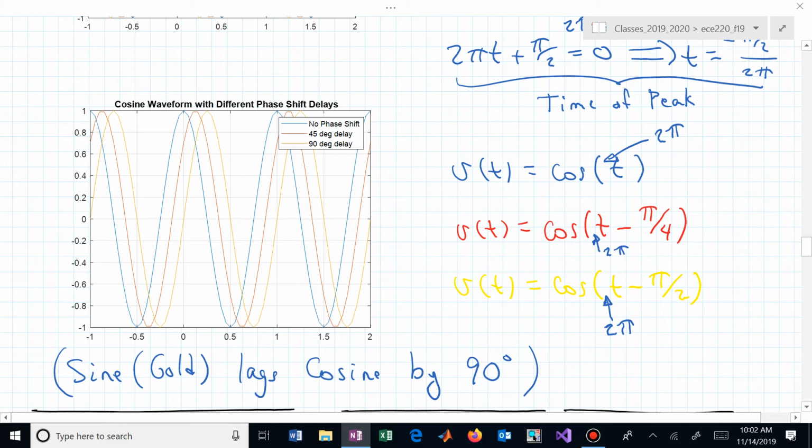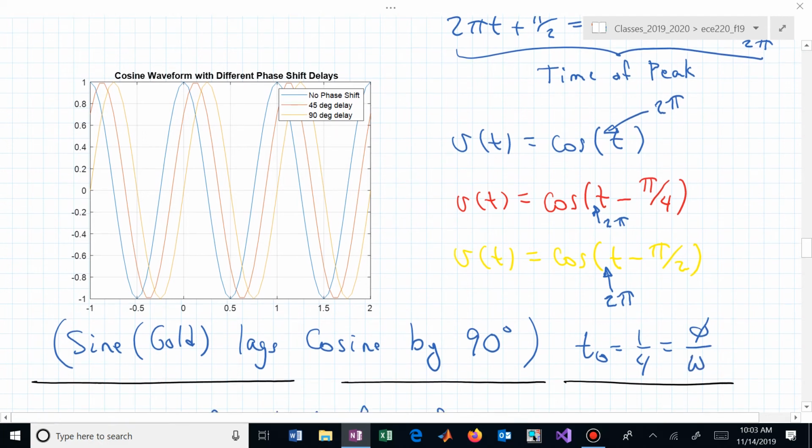And you could check that by looking at the delay, t naught. In this case, t naught is a quarter of a second. And we know the omega. The omega is 2 pi. So we could say our delay, t sub 0, is 1/4. But that's now phi over omega.